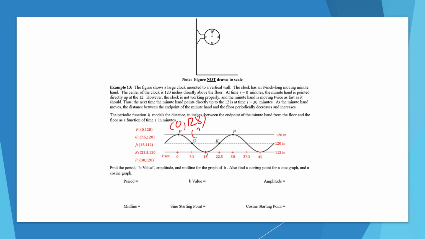G is 7.5, 120. J right here is going to be 15, 112. K is 22.5, 120. And then P is 30, 128. So those are the 5 coordinates. We're going to assume that they're correct here because they are.